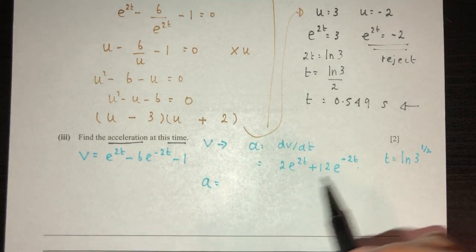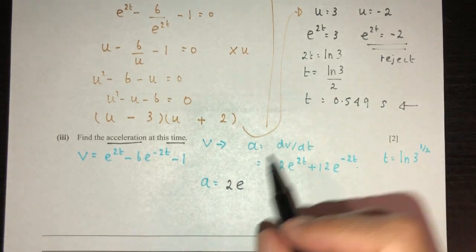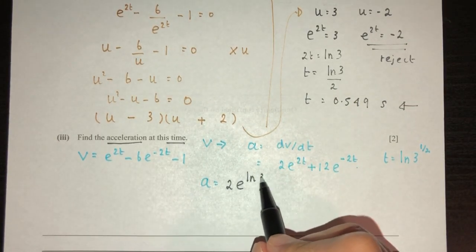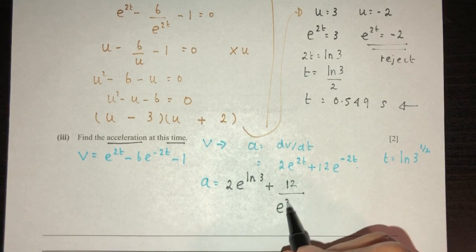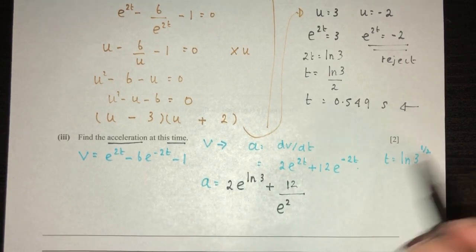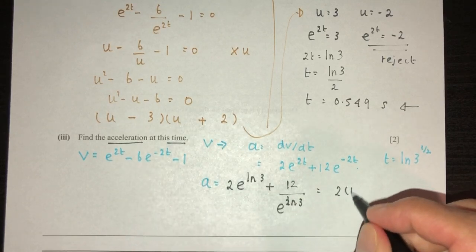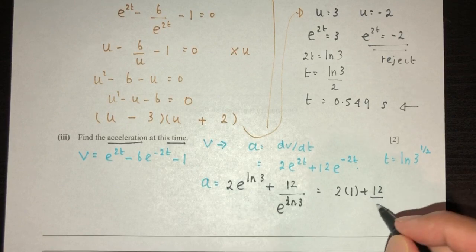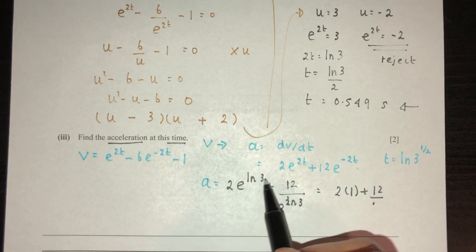You will have 2e^(2t), so the half will be cancelled, you have ln 3, plus 12 over e^(2t), and the half will be cancelled out, you have ln 3. That will become 2 times, sorry, this is actually not 1, this is 3.